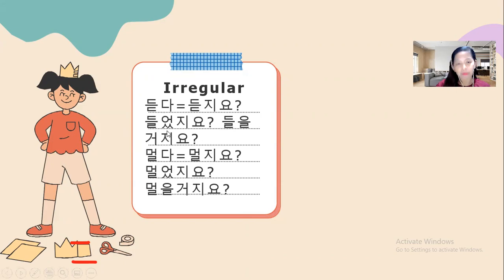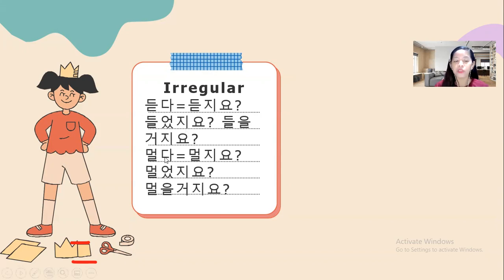But for the past tense, okay, if the verb or the adjective is irregular, then if it meets a vowel, it becomes ㄹ. So that is why it became 들었지요. And of course, for the future tense, still, if it meets a vowel, then it changes. So it becomes 들을 거지요.